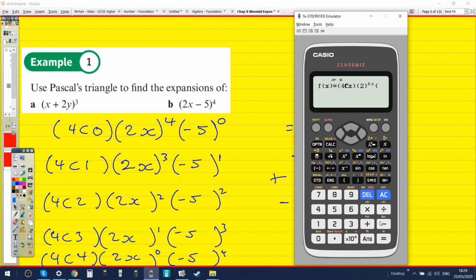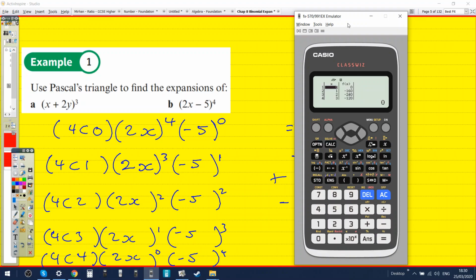And then the other bracket is minus 5, also to the power of x. So you'll notice this is 4 choose 0, so this is minus 5 to the power of 0. 4 choose 1, minus 5 to the power of 1. So those are the same. And then the other one starts at 4 and it's going down by x each time. So 4 minus 0, 4 minus 1, 4 minus 2, etc. Press equals. So I believe we are starting at 0 and stopping at 4.